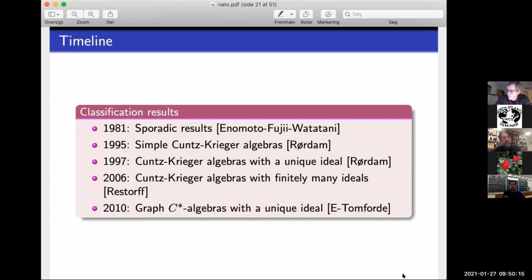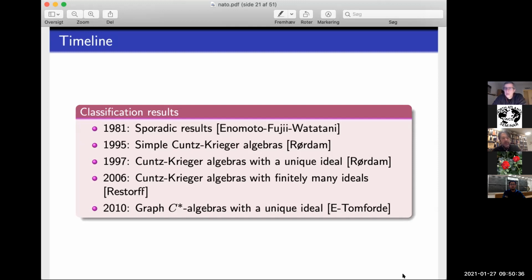But when you have the general Kirchberg-Phillips result that says that you can classify purely infinite nuclear C-star algebras, then that follows as a special case of that, but it came before. And Rørdam actually also classified Cuntz-Krieger algebras with one ideal, so not just the simple ones.